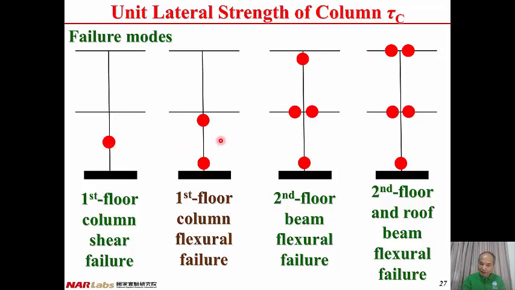And the second one is the flexural failure of the first floor column. And the third one is the flexural failure of the beam in the second floor. And the fourth one is the flexural failure of the beams on the second floor and the roof.